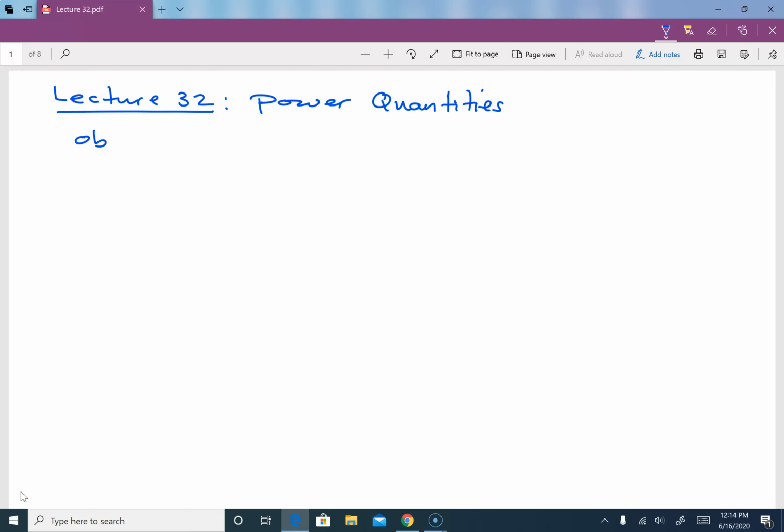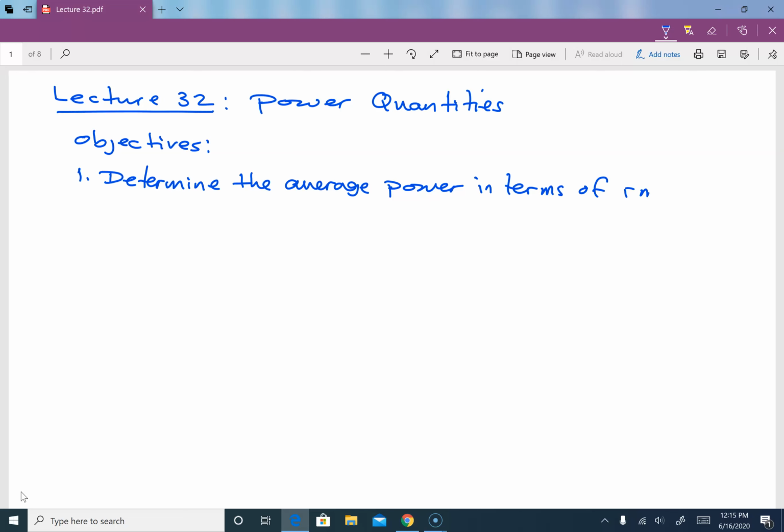The objectives of this lecture: the first objective is to determine the average power in terms of RMS values.